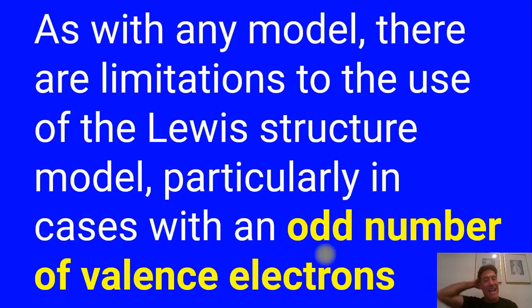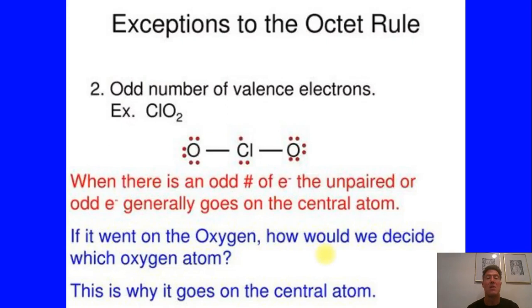As with any model, there are limitations with the use of the Lewis structure model, particularly when you deal with odd numbers of valence electrons. So here is an example of an odd number of valence electrons, ClO2, where we have this lone electron here. Where are you going to put it?